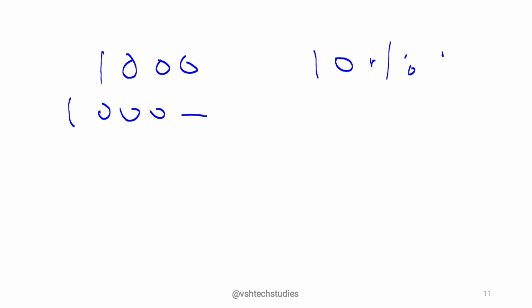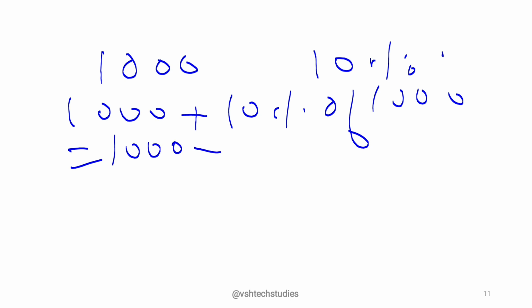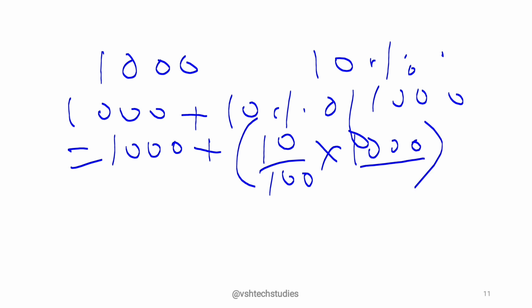So let us take the value 1000. If this is increased by 10%, what is the final value? 1000 plus 10% of 1000. This is 1000 plus 10 upon 100 into 1000, in brackets.